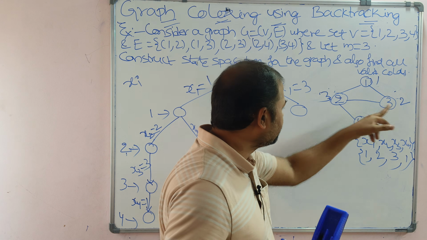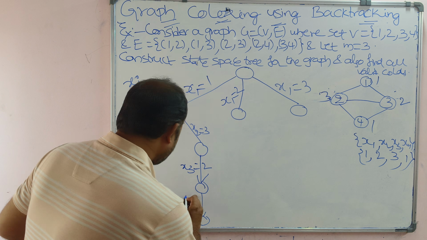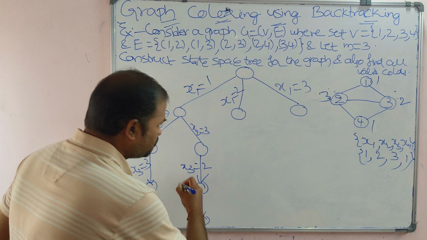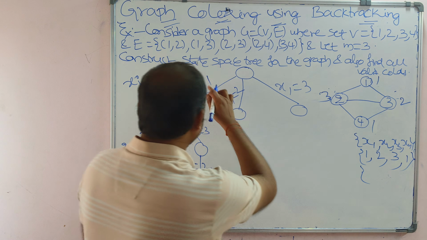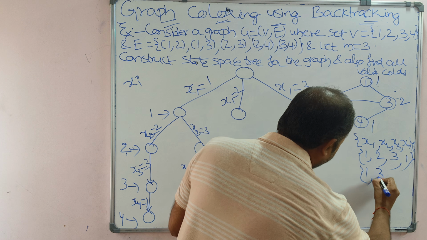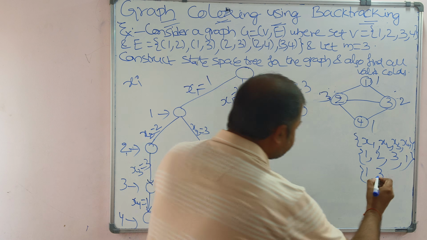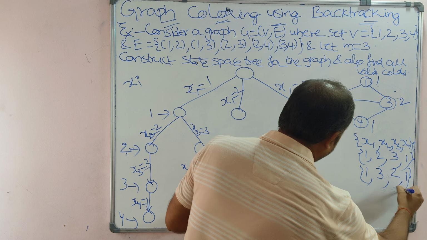We can't use color 2 or color 3. We can use color 1. So x4 equal to 1. So this is one more valid coloring. The first vertex is colored with 1, the second vertex with 3, the third vertex with 2, and the fourth vertex with 1.